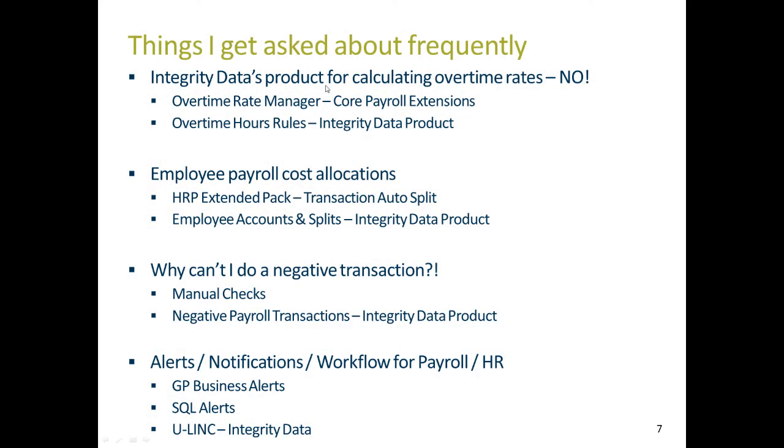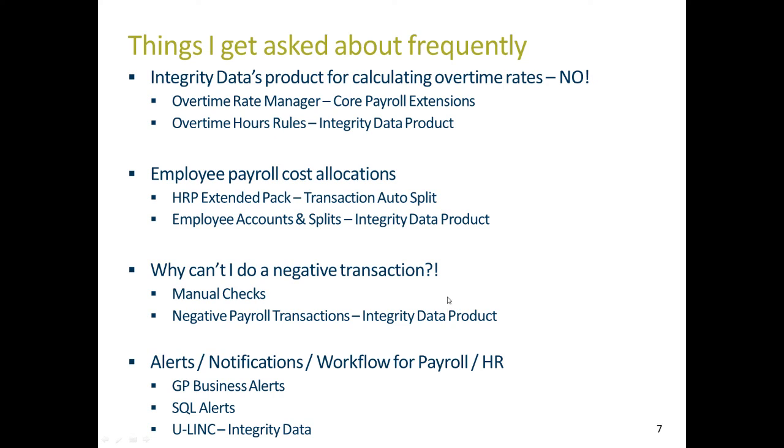Things we get asked about frequently: Integrity Data's product for calculating overtime rates. No, that's part of your core payroll solution that you have now. So for overtime rate managers, core payroll extensions, overtime hours calculation is an Integrity Data product. Employee cost allocations, we talked about transaction auto split and employee accounts and splits from Integrity Data. Negative transactions, you can do that through manual checks, or you can use a negative payroll transactions product from us.